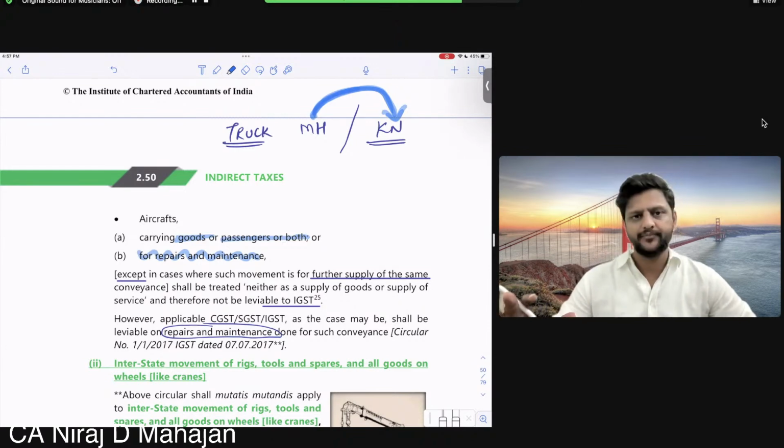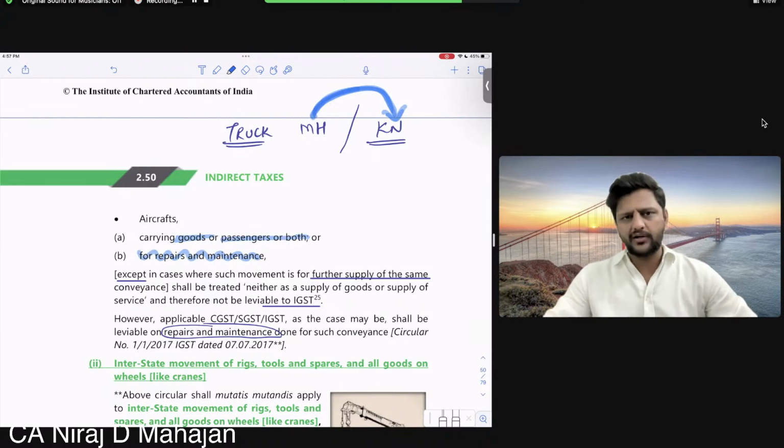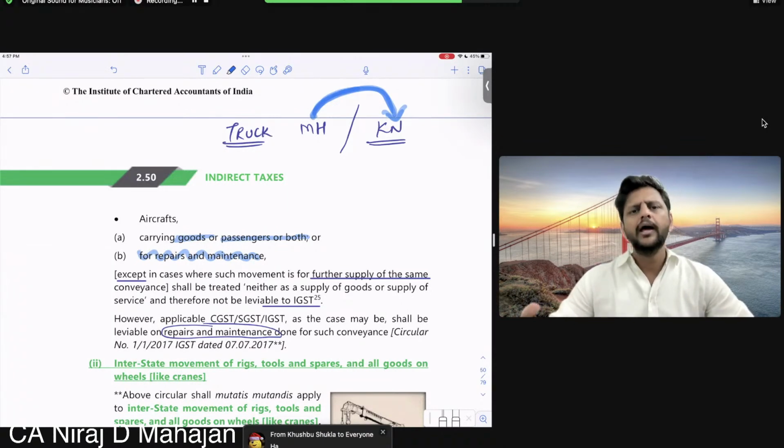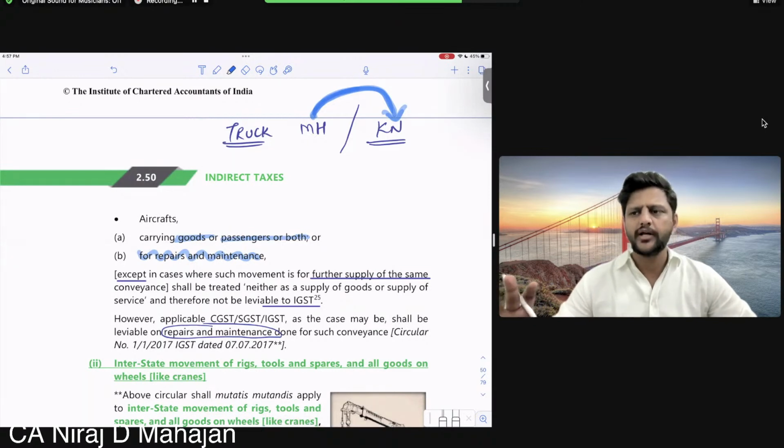Common sense, why will a truck move? Maybe the driver is taking it back to his home, or to the contractor who is the owner of the truck, or importantly he is transferring goods, or in this example I told you, repairs and services. So every truck movement may be for some purpose, especially if it is moving outside the state. Still here? Then again, definitely we have to give a notification to the GST department why it is moving, or what is being carried over there.